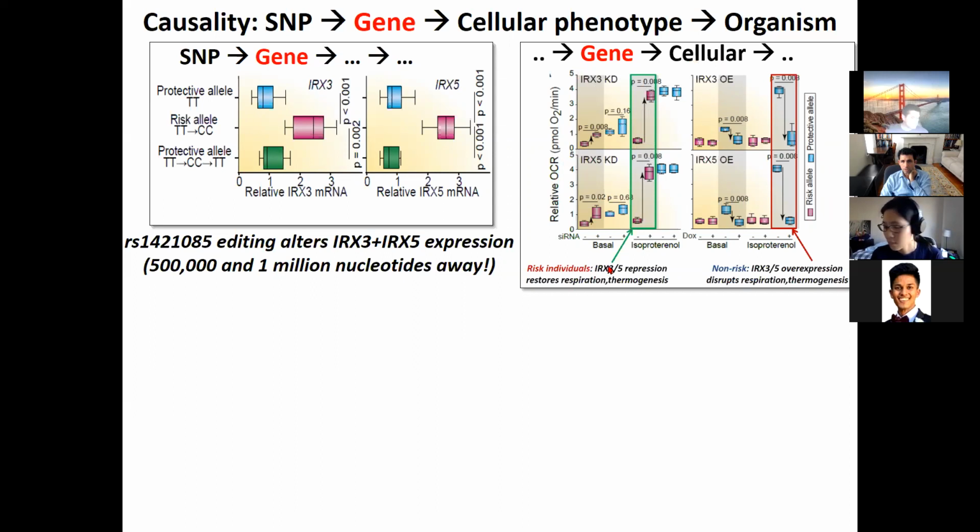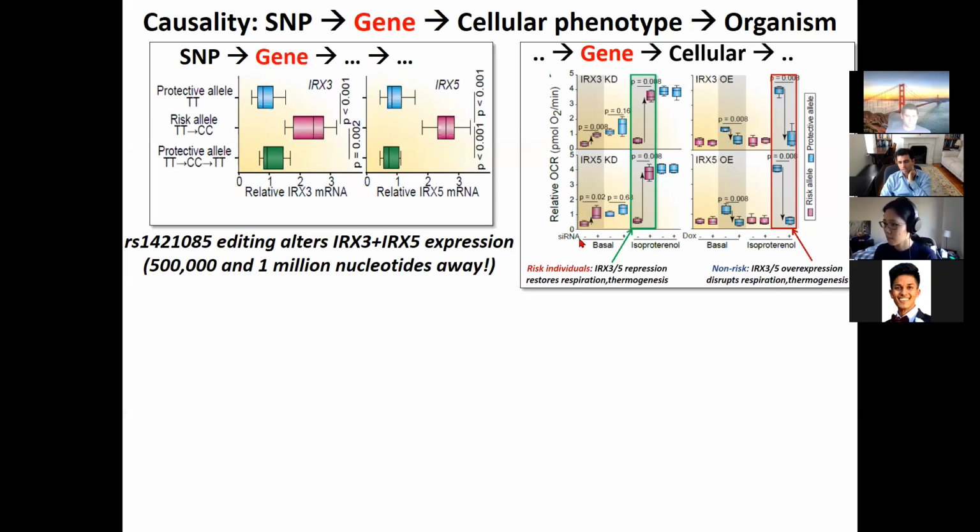Whether I knock down IRX3 and IRX5, I see this increase in oxygen consumption rate. Similarly, if I overexpress IRX3 and IRX5, this is under control of doxycycline. Whenever I have doxycycline, I increase the expression of IRX3 and IRX5. So that leads to this arrow of the decrease.